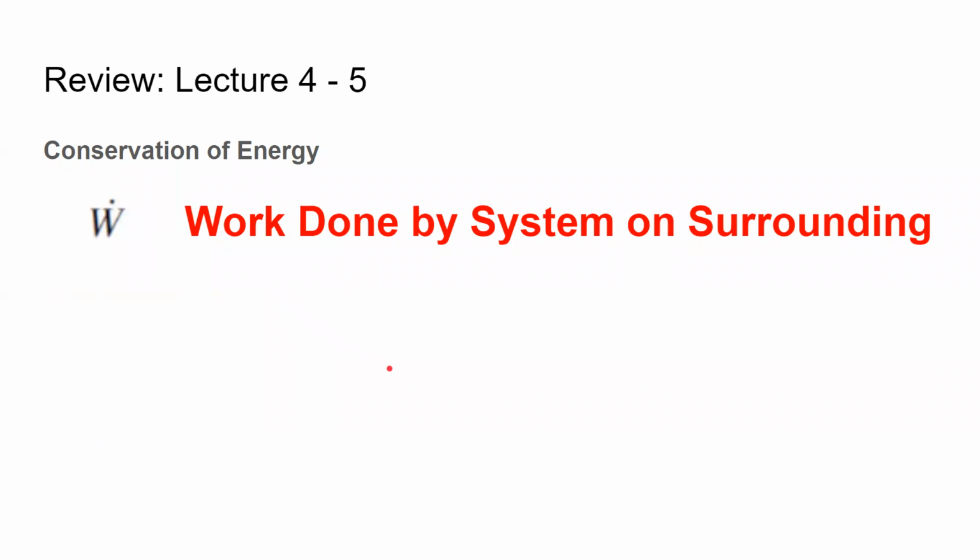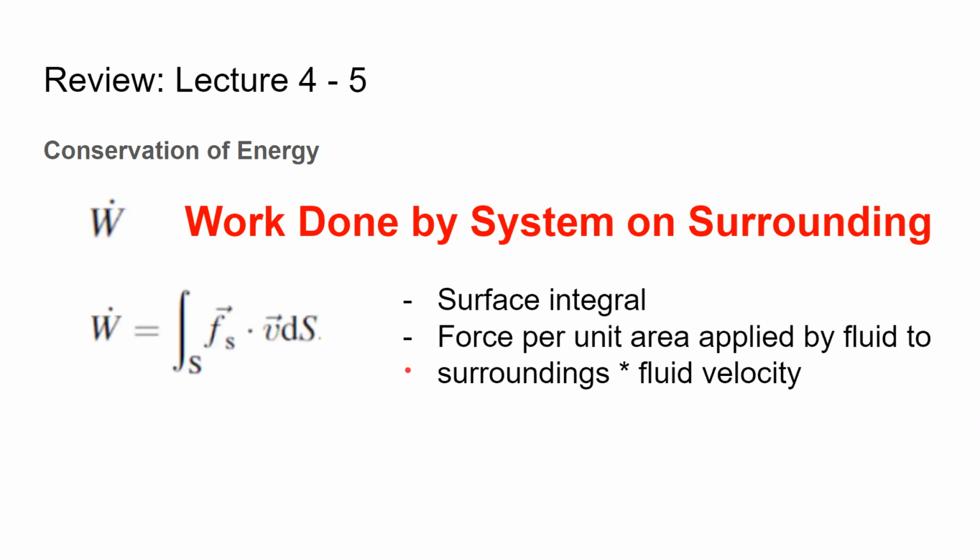So work, pay close attention because we're going to do a deep dive on this right now. W dot is the rate of work done by the system on the surroundings. So how do we define work? Well, work is also equal to the surface integral, right? This is a surface integral right here, over S. First, let's do what we do know.